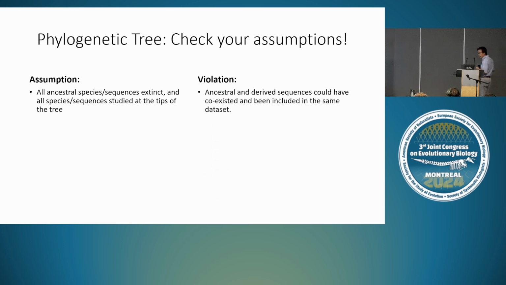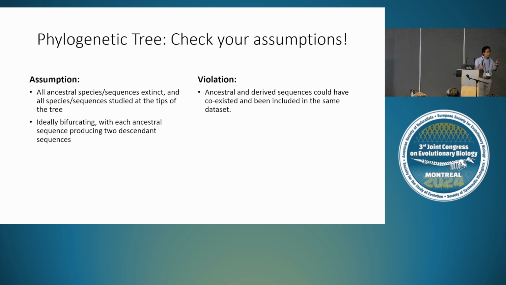But in the case of SARS coronavirus 2 evolution, you might be looking at both ancestral sequences and descendant lineages in the same data set. In that case, they have this ancestor-to-descendant relationship, yet you kind of put all of them at the tip of the tree. The other thing about the phylogenetic tree is that ideally you want it to be bifurcating.